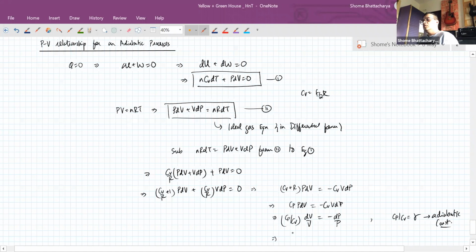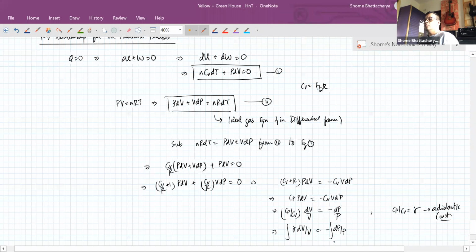So we have gamma times dV by V is equal to minus dP by P, and if we integrate this from, let's say, P1 V1 to P2 V2, we get the relation that minus ln P2 by P1 is equal to gamma ln V2 by V1. And next, once we use the principle of indices here, we get the relation that P1 V1 to the power gamma is equal to P2 V2 to the power gamma, or in general, PV to the power gamma is constant for an adiabatic process.